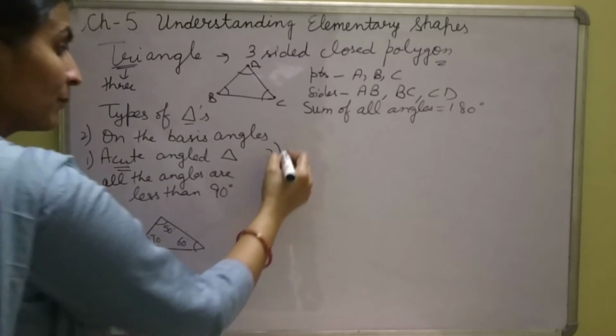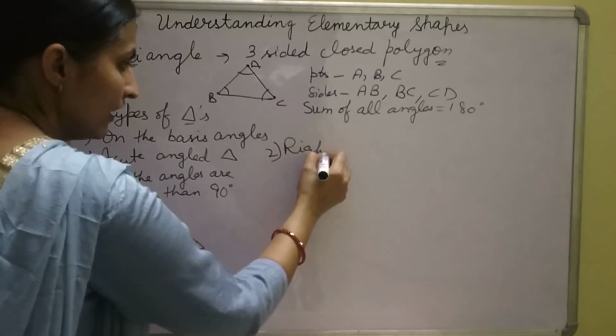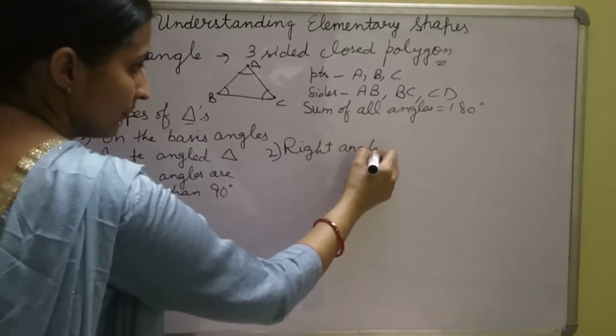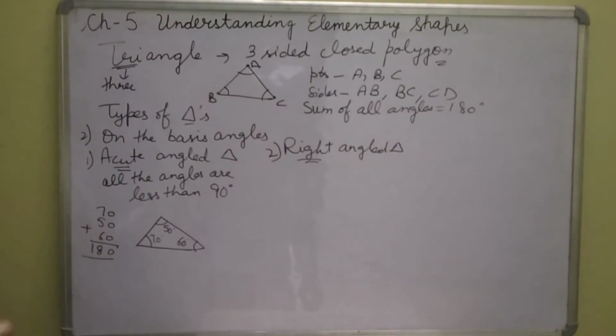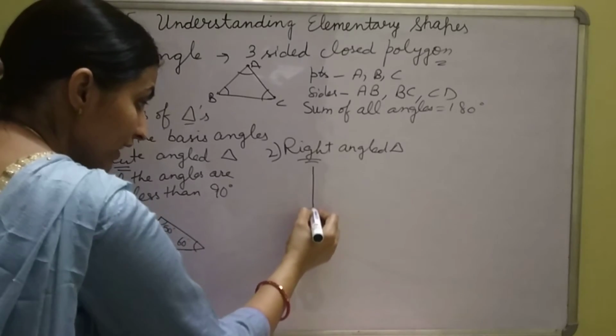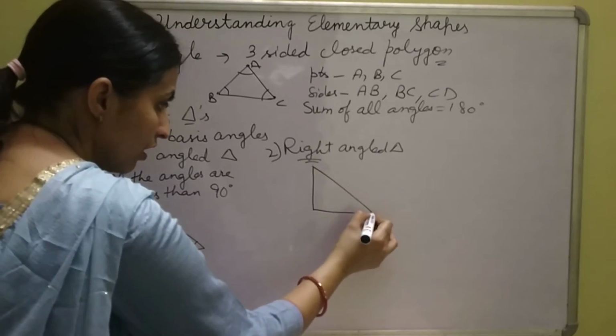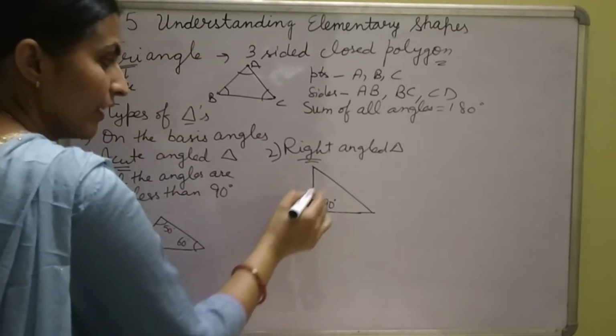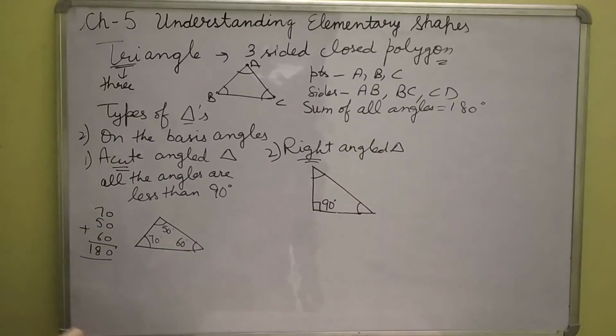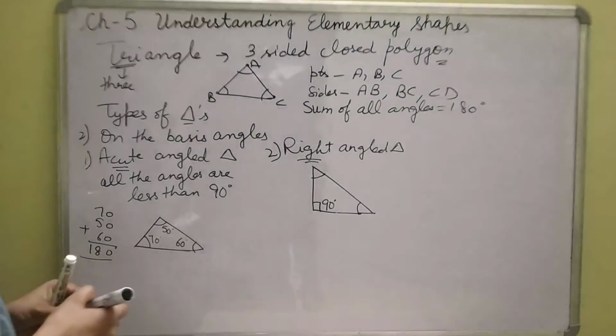Second one is right angled triangle. So what do we mean by right angle? Right angle means 90 degree. So it is a triangle in which one angle is of 90 degree and the other two angles have a sum of 90 degree, because total is 180.